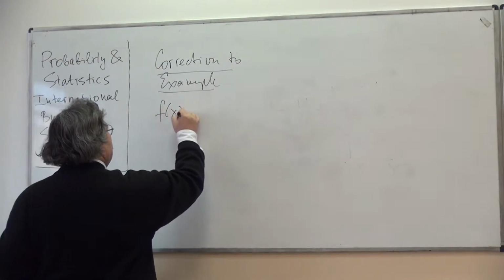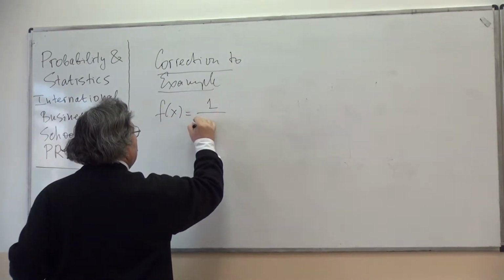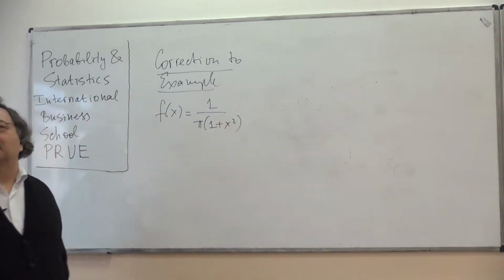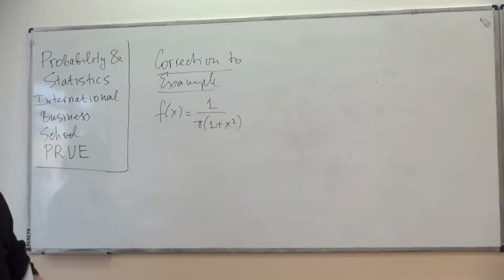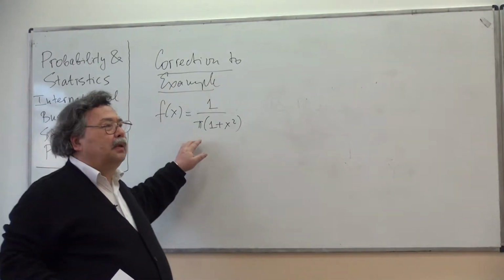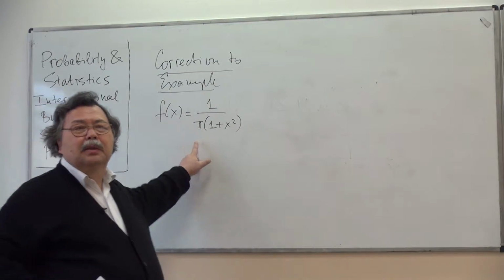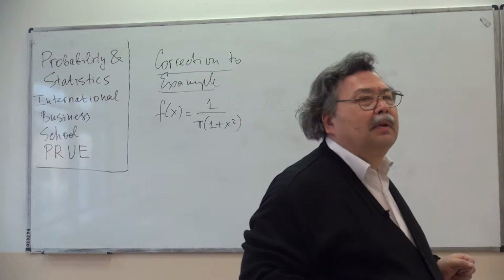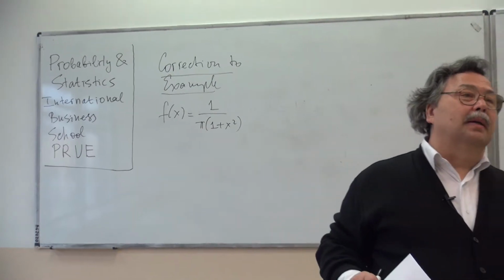The probability density function is this. I forgot to put this pi here. It should be this way, because if we don't include this pi, the integral from negative infinity to positive infinity of this will not be 1 as required.